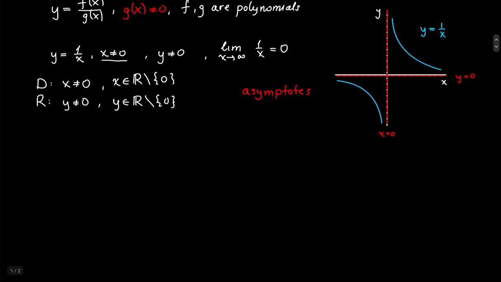To understand a bit more about this, let's take a look at another example. We have a rational function given by y equals 2 divided by 1 minus x. Let's begin by stating both the domain and the range of the function, and then we'll be able to graph it. I always like to begin with the domain. In the denominator, we have 1 minus x, and we know that this thing cannot be equal to 0.